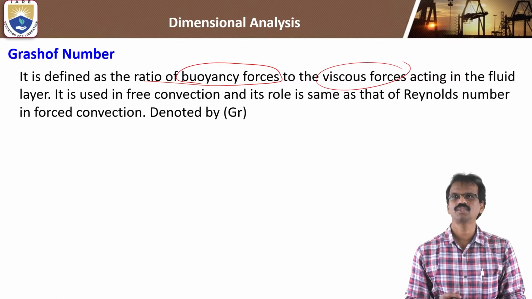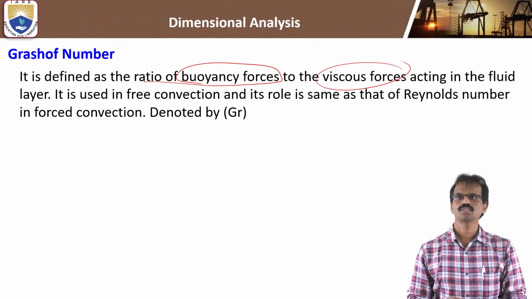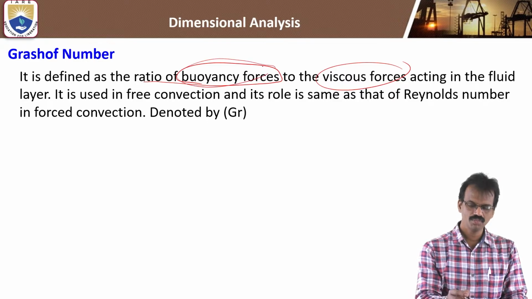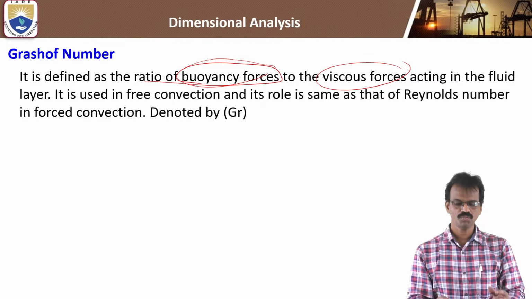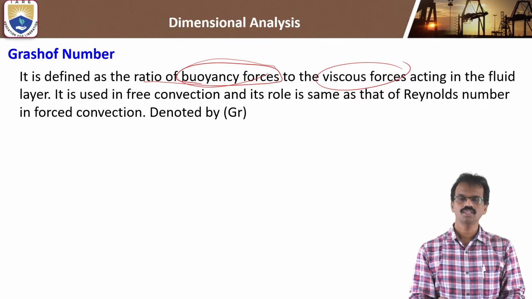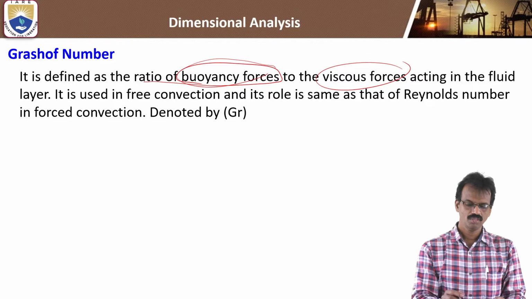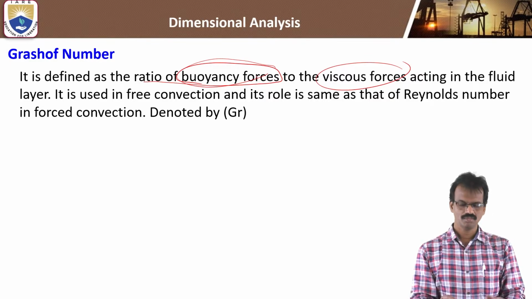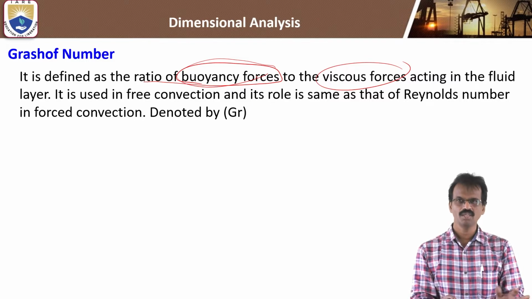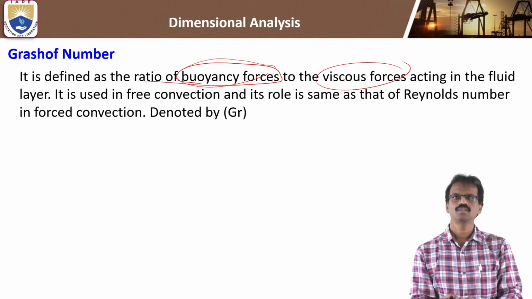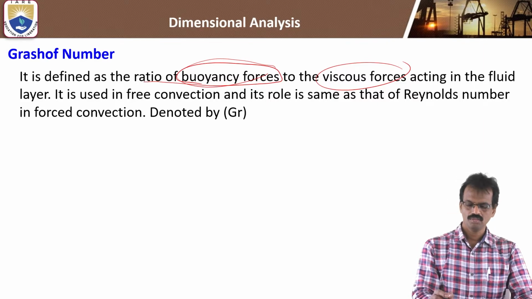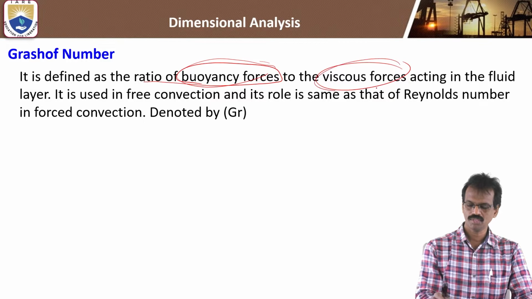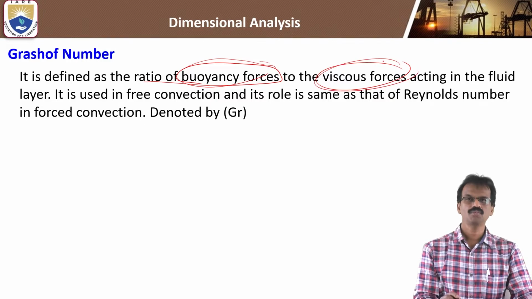Buoyancy effect means temperature, density differences, due to the effect of temperature. You know that the buoyancy effect occurs naturally. Here there is no need of any external agent to move the particles in the fluid. So buoyancy forces to viscous forces act in the fluid layers.